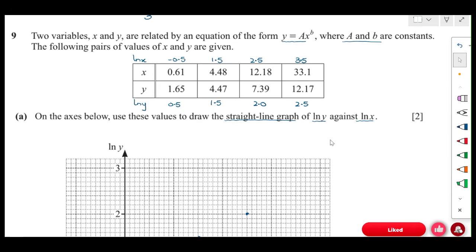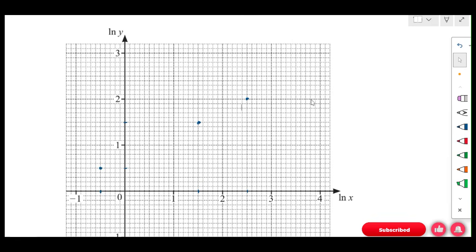Okay, and then we have 3.5 and 2.5. 3.5 is over here and 2.5 is 1, 2, 3, 4, and 5. 3, 3.1, 3.2, 3.3, 3.4, and 3.5. This point, right? Okay, so you just have to draw this straight line.